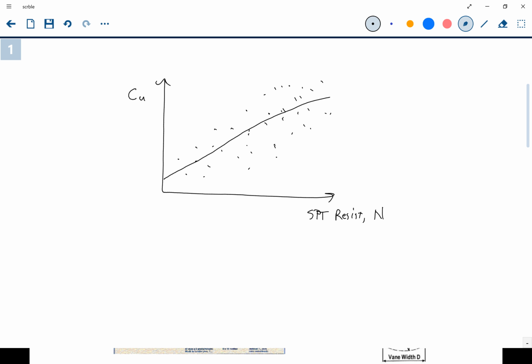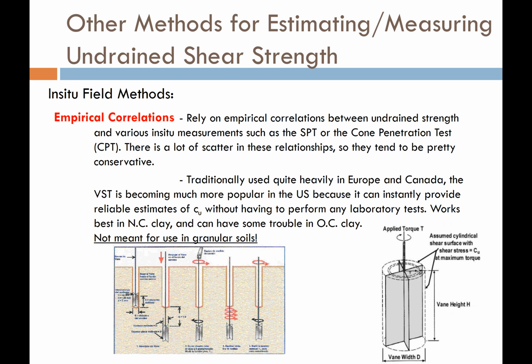But what we need to consider is that if I look at any given N value, like N star, this value right here may be my mean undrained shear strength, but if I were to look at the spread of the data, I would see that there is a probability distribution that I need to consider. So there's possibility that my shear strength could be higher. There's possibility that my shear strength could be lower. So when we have scatter in our data, we need to consider that in our designs.